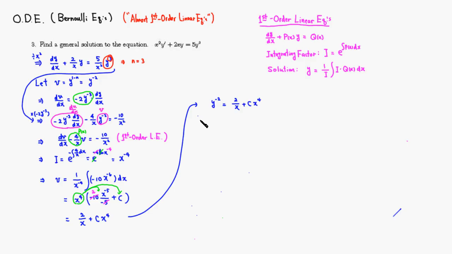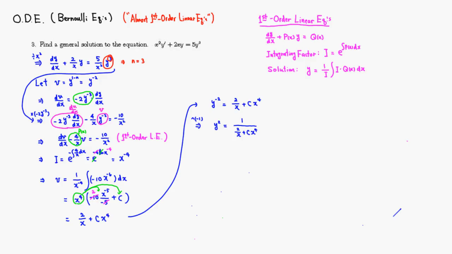So I'm going to simply take the reciprocal of both sides. Then you get y squared is equal to the reciprocal, which would be 1 over 2 over x plus c times x to the 4th.